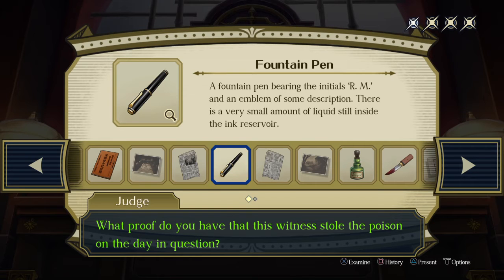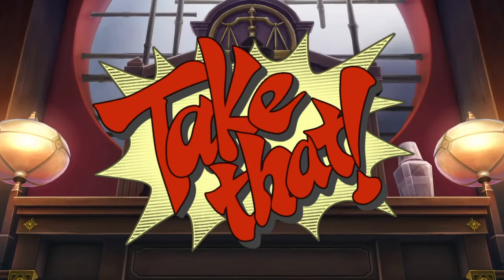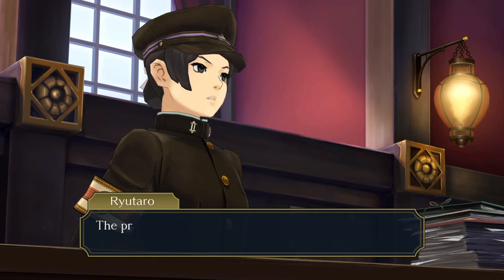So, is the poison liquid? I mean, I assume. How many solid poisons are there? But yeah, if it's his fountain pen that belongs to him, the poison might be inside the pen, because it says there's a very small amount of liquid inside the reservoir. So, I don't know. Take that, as it were.